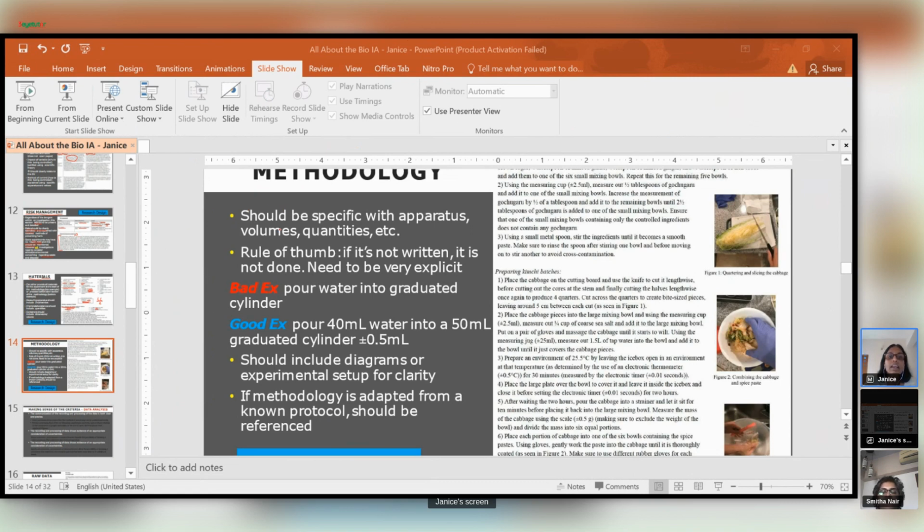You need to be very, very explicit. If you don't, they will deduct your marks, because it is a total of 6 marks and there are 3 aspects, 2 marks for each aspect. So 2 into 3 is 6, and they will deduct the marks.